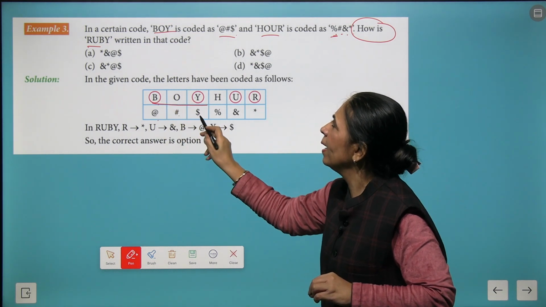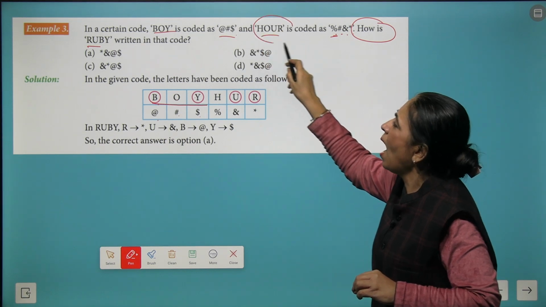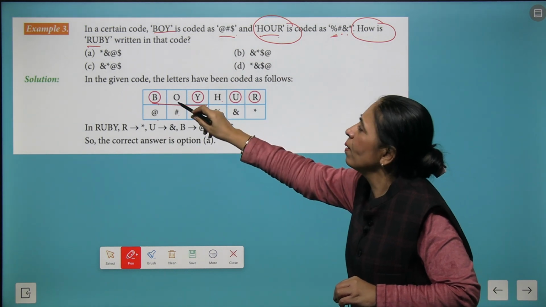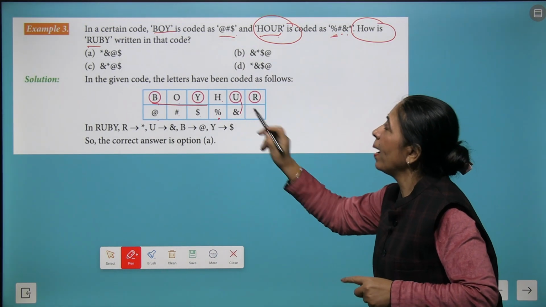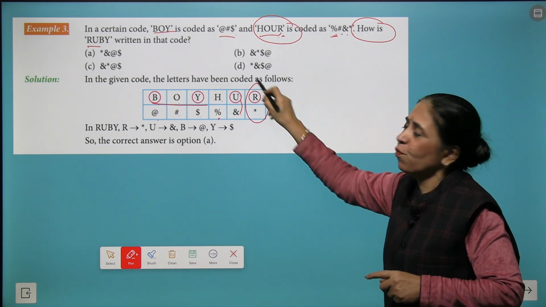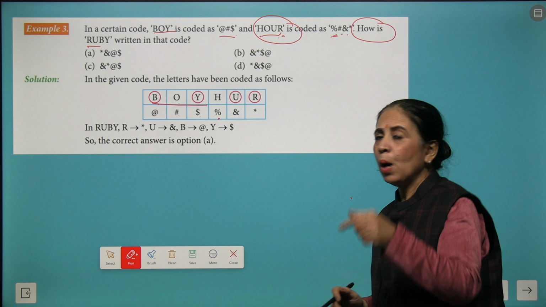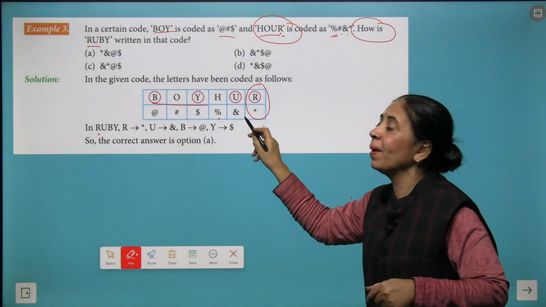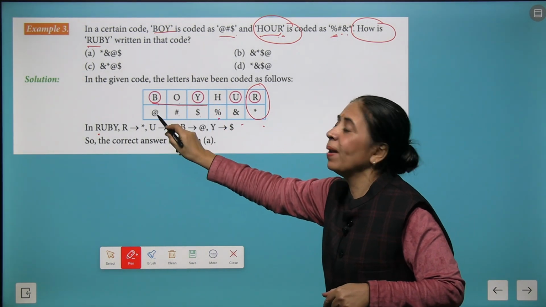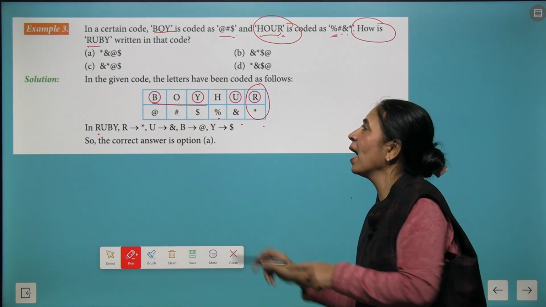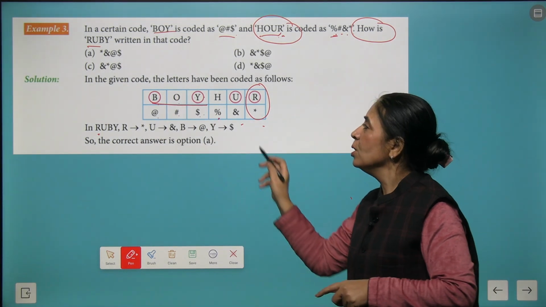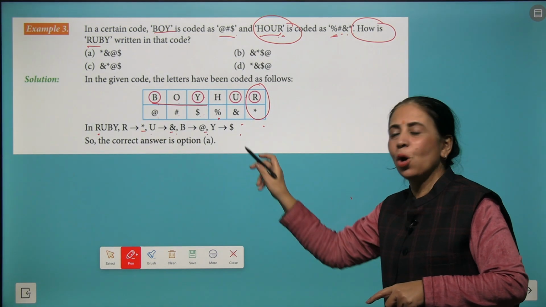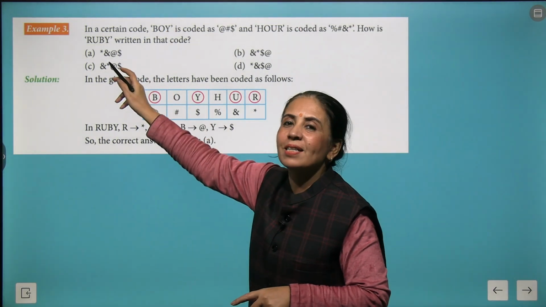When you read R, we have H for %, O is already written, U is represented by the and sign, and R by this asterisk sign. Now to write Ruby, R is replaced with asterisk, U is replaced with and, B is replaced with this @ and Y is replaced with $. So here comes your code, asterisk and $, and your right answer is A.